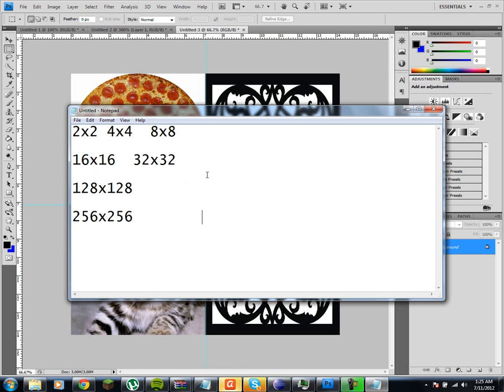The most common, the ones that you'll see almost always, are 512 by 512, or 1024 by 1024. And they're all easily halved. So half of 1024 is 512, and half of 512 is 256, and so on and so forth. Easy enough?